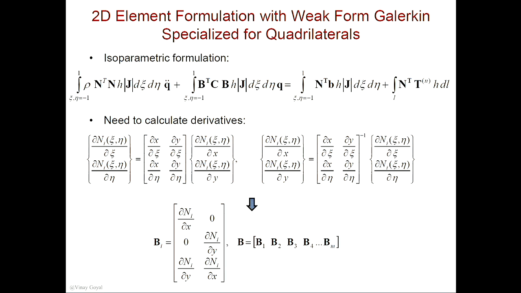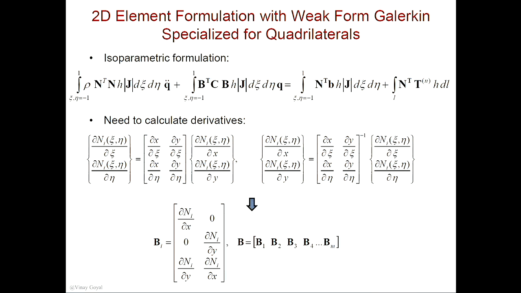So I know this, I know that, I can get these derivatives. And once I get them, then I plug it in here for each of the shape functions. And again, I have blocks here now. They're now only 3 by 2. And so now the length of this is only 2m. It's not 3m because it's 2D now.